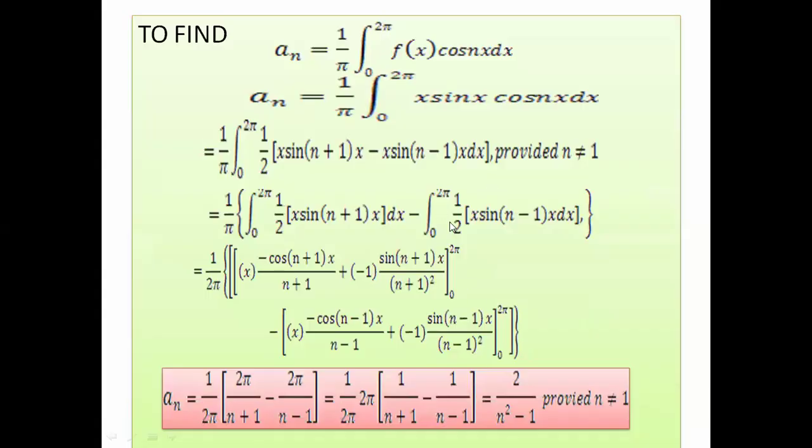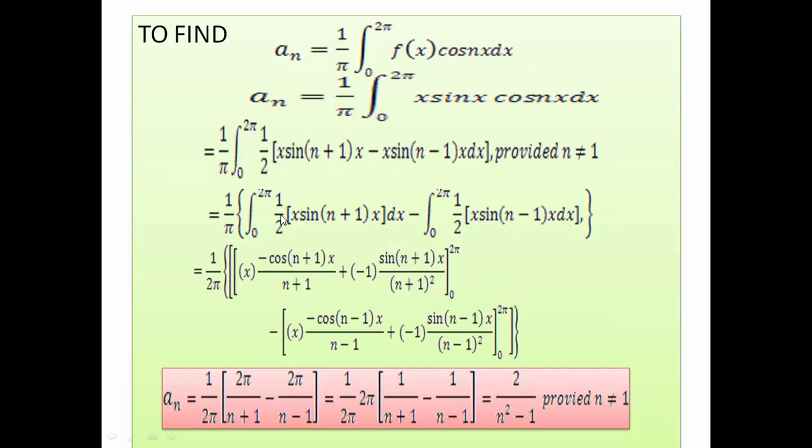Next, you have to find a n. a n is equal to, 0 to 2 pi, f of x cos nx dx. So f of x is what? x sin x cos nx dx. Again, we have to use the sin a cos b formula. What is the sin a cos b formula? x of x is already there, 1 by 2 times sin (n plus 1)x minus sin (n minus 1)x. So n is provided, n is not equal to 1. Now you have to simplify this.